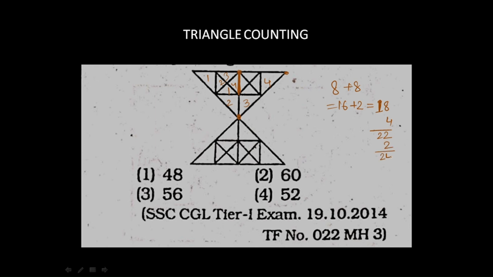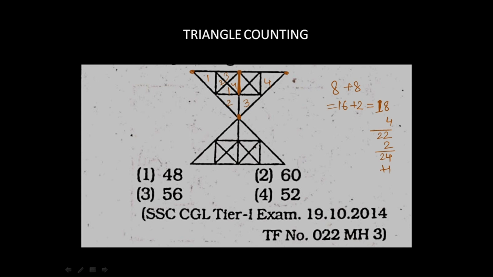It's 24. Clear? Is there another triangle? Look at it carefully. Yes. So which one is it? These two triangles are making another triangle. Right? It's a bigger one. So it's 25 now.